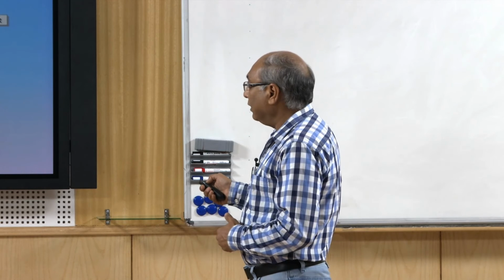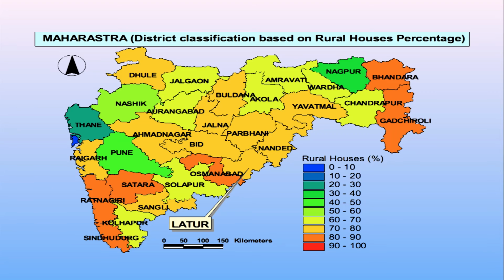For example, that earthquake occurred in Jabalpur; if it had occurred in neighboring districts, then again we might have reached roughly the same 65 to 75%. This is what was predicted, that the earthquake might occur in these districts along the Narmada Son lineament. If it had occurred in Khargone, then 70 to 80% of the houses were rural houses.